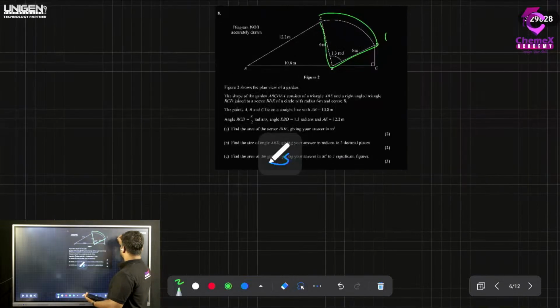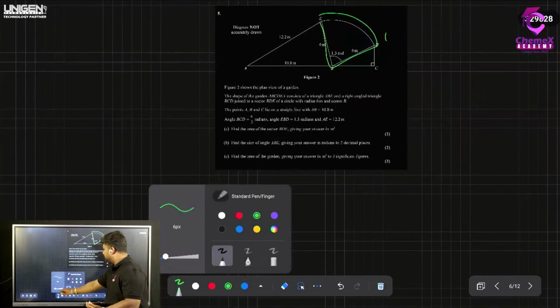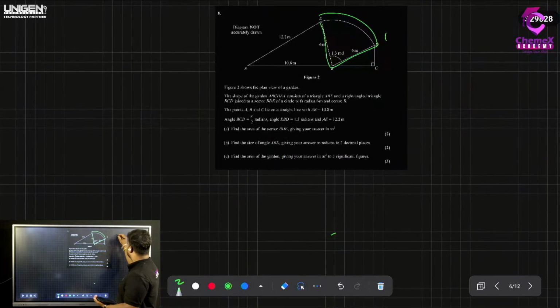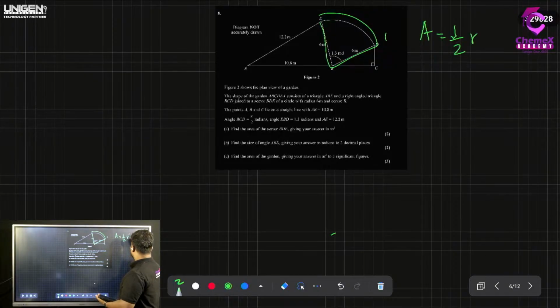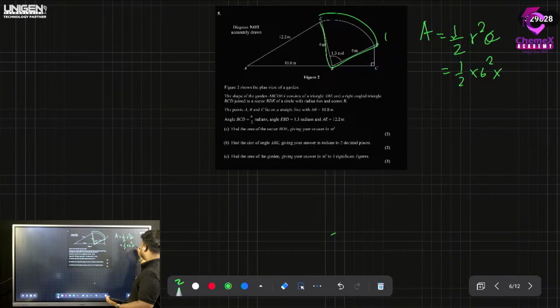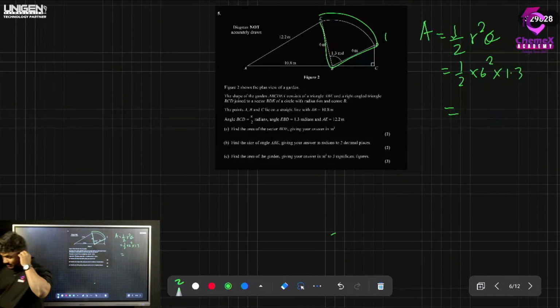So A equals half r squared theta. So half times 6 squared times 1.3. Can someone type and tell me the answer? This is going to be an interactive session, so I need your answers.